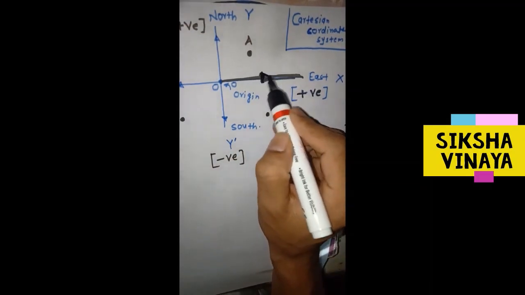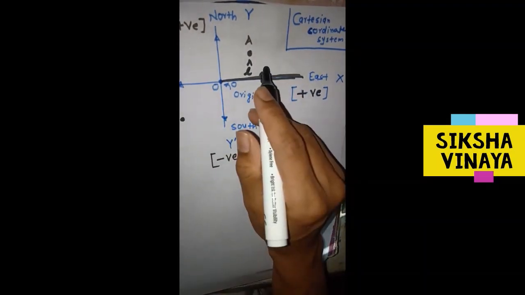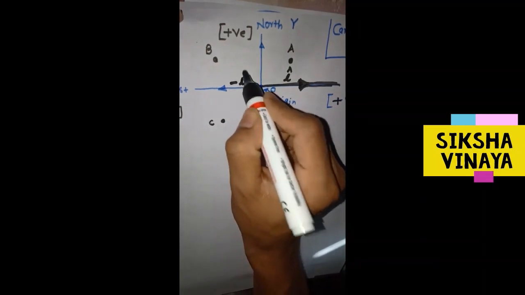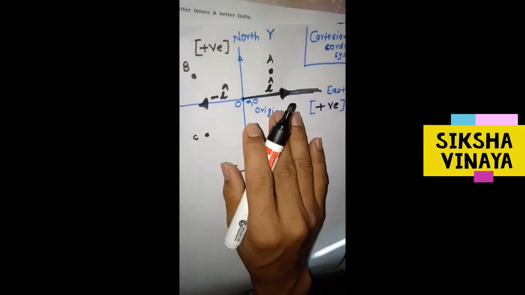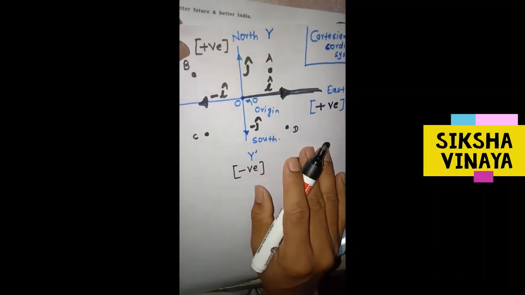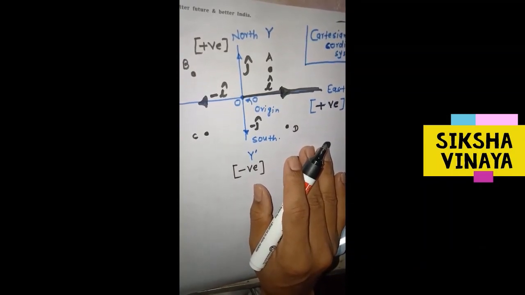Similarly, in the westward direction it becomes minus i cap, and in the north-south direction it is given by j cap and similarly minus j cap. j cap means north or upward, and minus j cap means downward or negative y-axis, or you can say south.